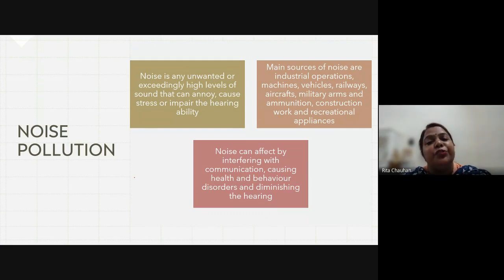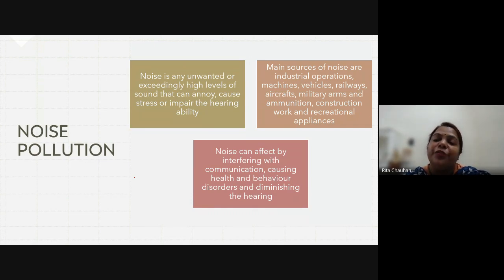It can cause stress, or it can also lead to loss of hearing ability. In many industrial operations, noise happens because of machines.